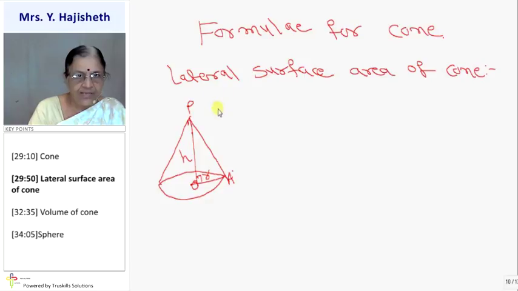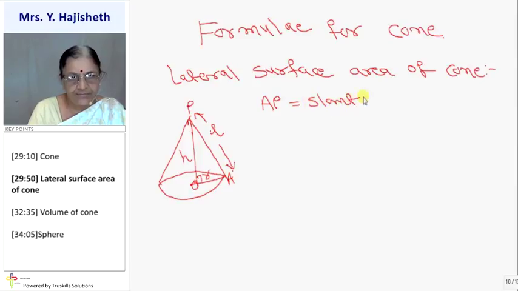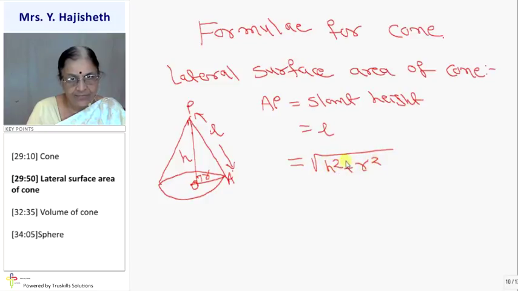And this AP is called slant height. What is called? L. L is called slant height. AP is a slant height and it is denoted by L. It can be calculated by Pythagoras theorem, h square plus r square, okay.